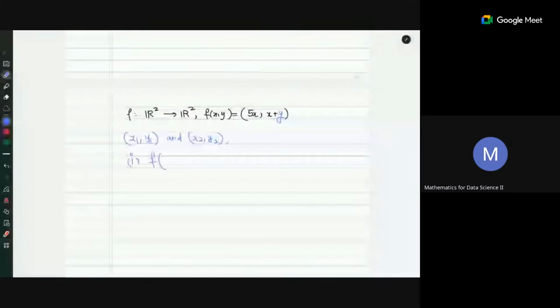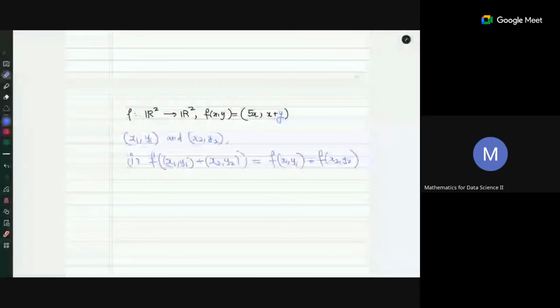We take f of (x1, y1) plus (x2, y2), and we need to prove this is equal to f of (x1, y1) plus f of (x2, y2). This is what we need to prove.